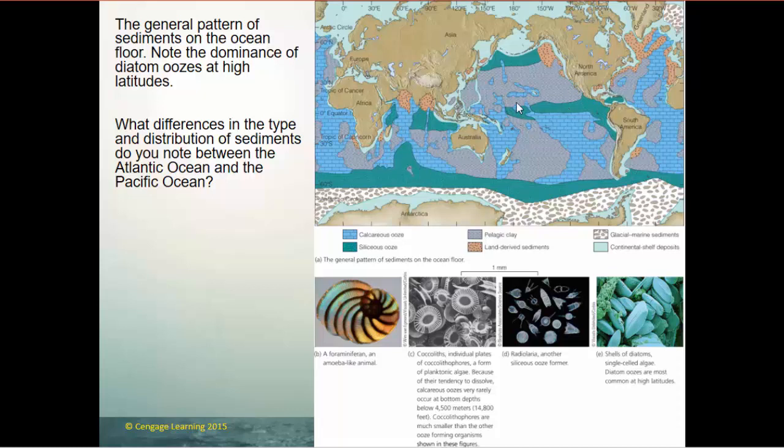And then you get out into the middle of the ocean, you start getting these pelagic sediments, clays and oozes. And then at higher latitudes, you're going to get these silicate-derived types of oozes. And it basically is just the marine environment is going to dictate the type of sediment that you can find in different locations and the thickness of that sediment as well.